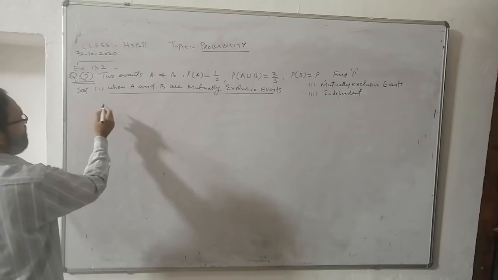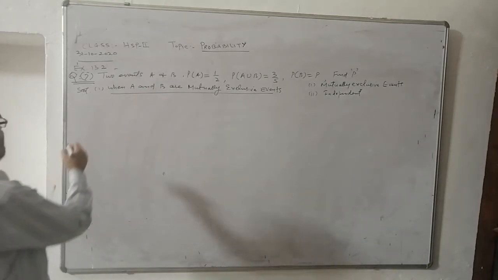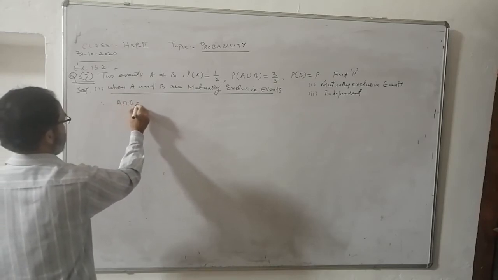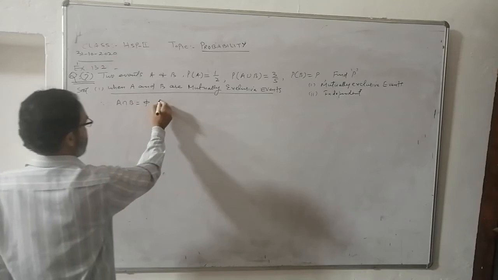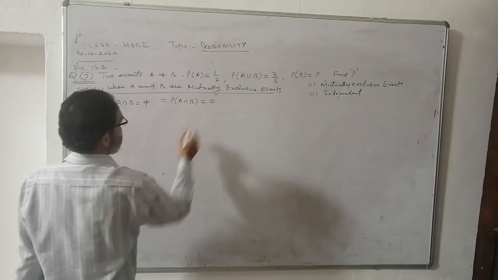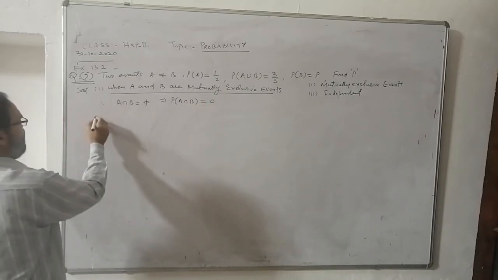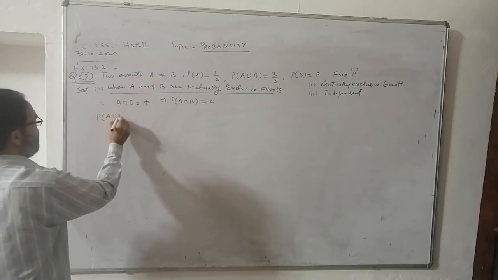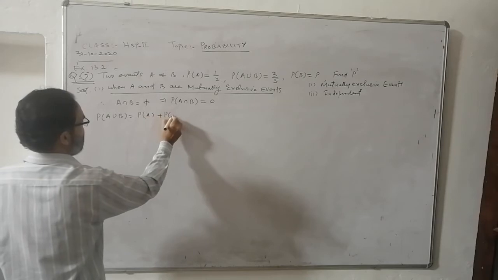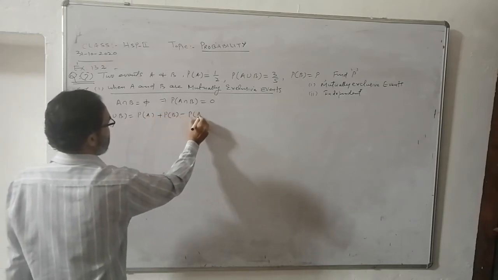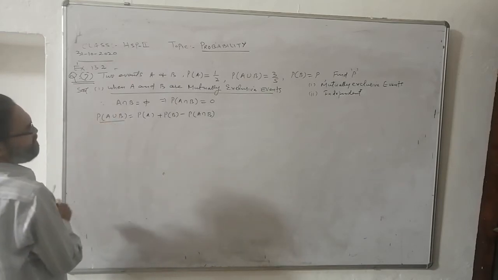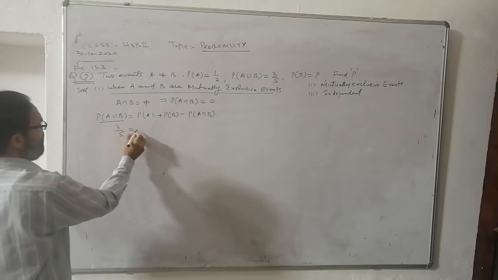Since A and B are mutually exclusive, their intersection will be phi. That means probability of A intersection B will be 0. We have a formula, probability of A union B is probability of A plus probability of B minus probability of A intersection B. Its value is given to be 3/5.